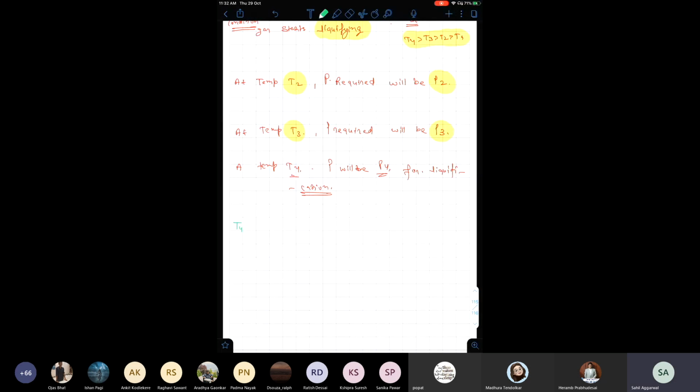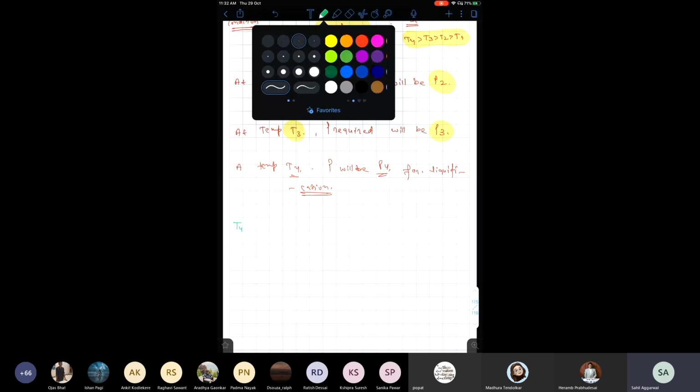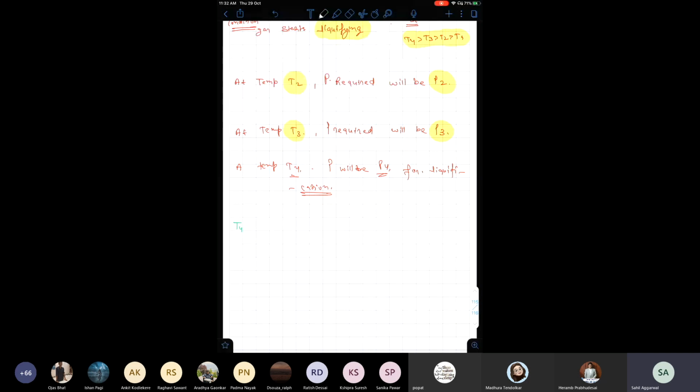T4 is critical temperature above which gas cannot be liquefied. Tc is the temperature, critical temperature above which gas cannot be liquefied, however high the pressure is applied.